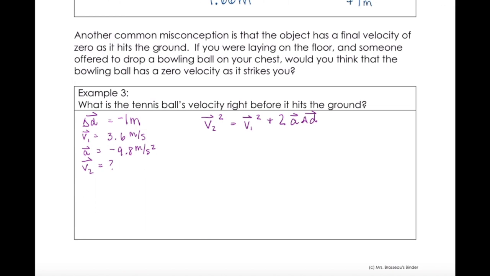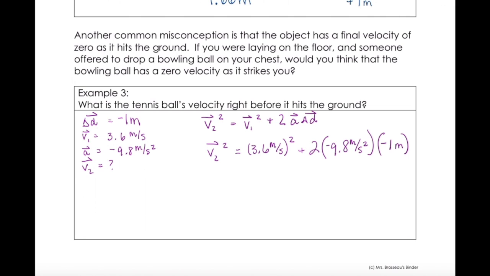Okay, so plug in the numbers. Our V1 was 3.6 plus 2 times our gravity times our displacement.